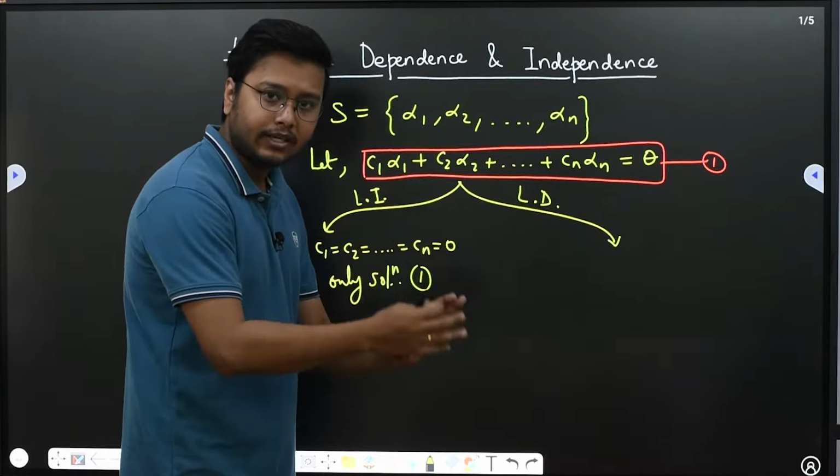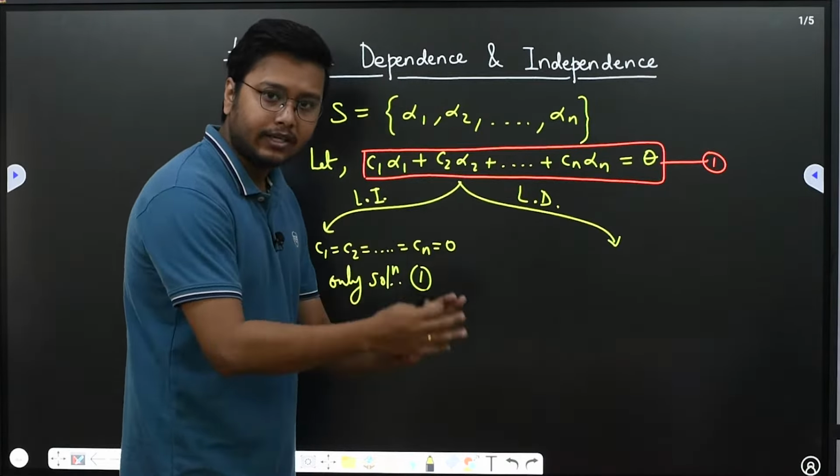Let S be linearly independent and T be a subset of S. So now the thing looks something like this: this is my S set which is linearly independent, and this is my T set, and I want to show that T is also linearly independent. I have taken the subset.